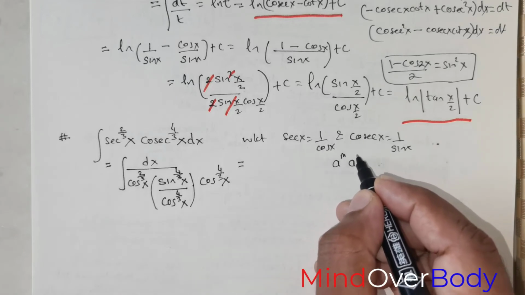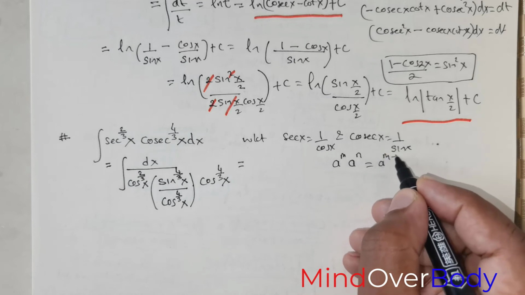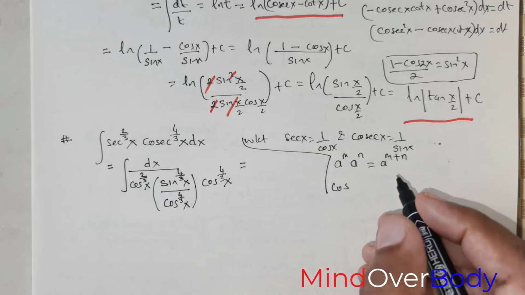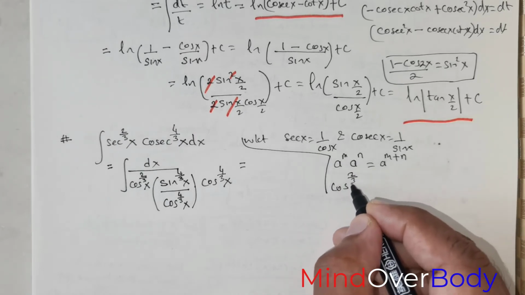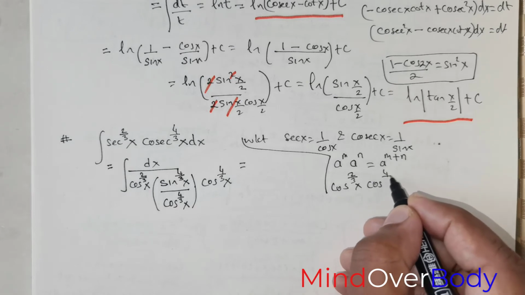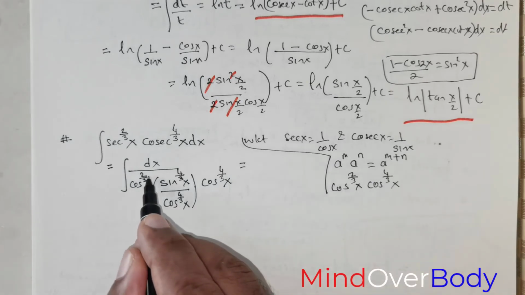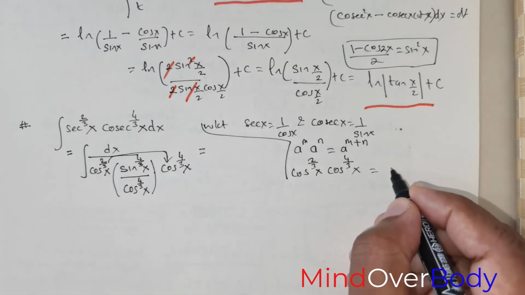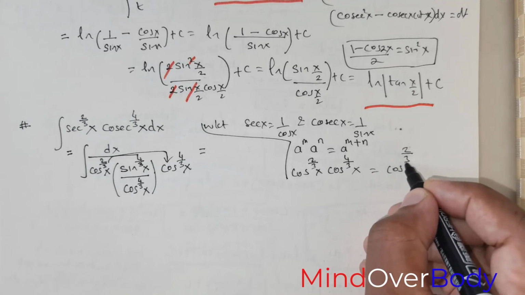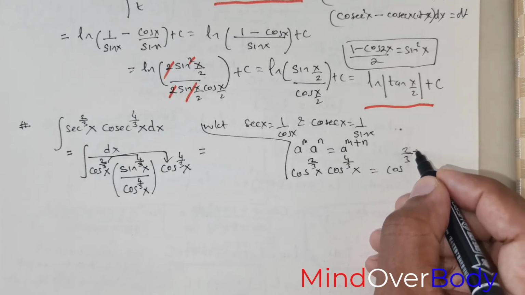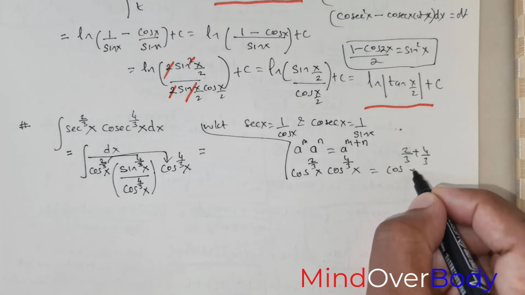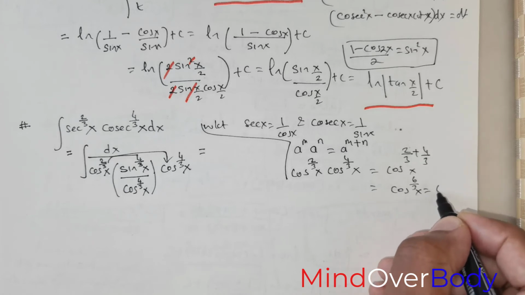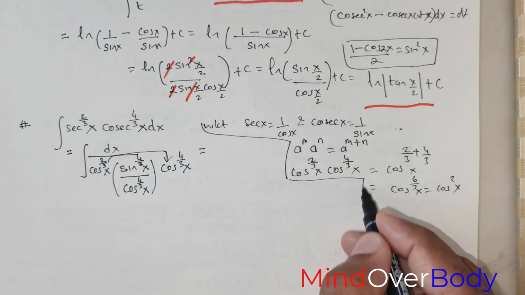Now, we can use the law of indices: a raised to the power of m times a raised to the power of n is a raised to the power of m plus n. So we have here cos raised to the power of 2 over 3 x times cos raised to the power of 4 over 3 x. Actually, I am connecting this with this. So this is equal to cos raised to the power of 2 over 3 plus 4 over 3, which is equal to cos of 6 over 3, which is equal to cos squared x, right?